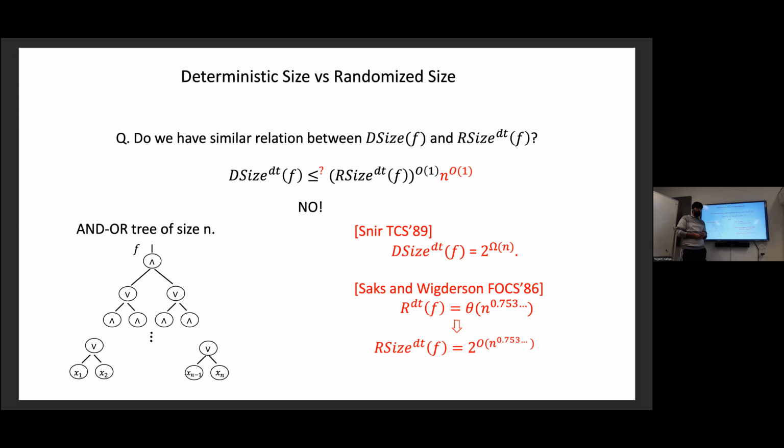And there's a result by Saks and Wigderson in FOCS '86, which showed that the depth complexity of this function is n to the 0.75, which tells us that the size complexity is like 2 to the order n to the 0.75. So the deterministic size is 2 to the omega n. The randomized size is just 2 to the order n to the 0.75. So there is an exponential separation between deterministic size and randomized size.